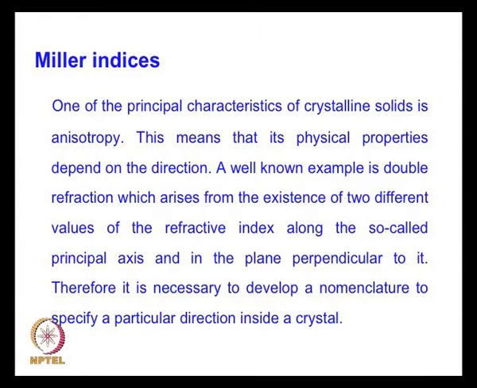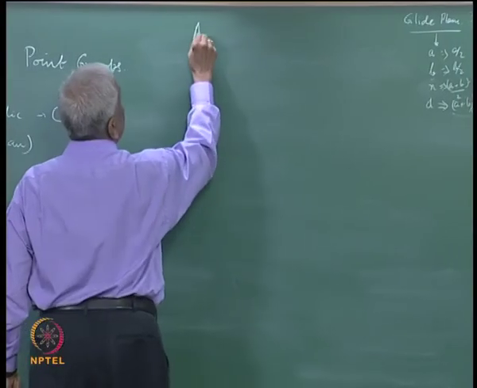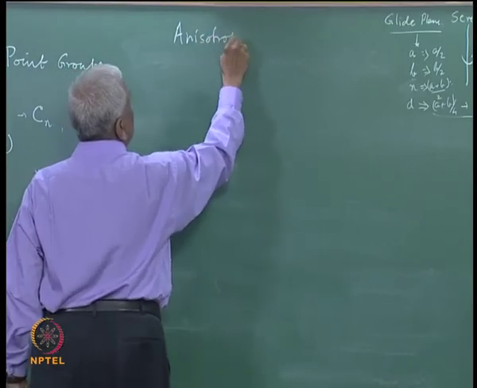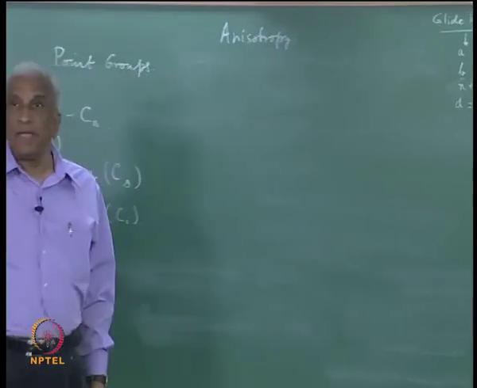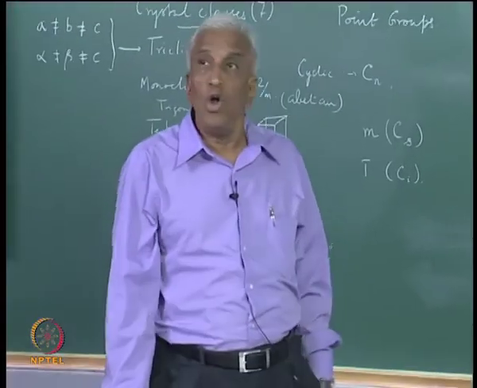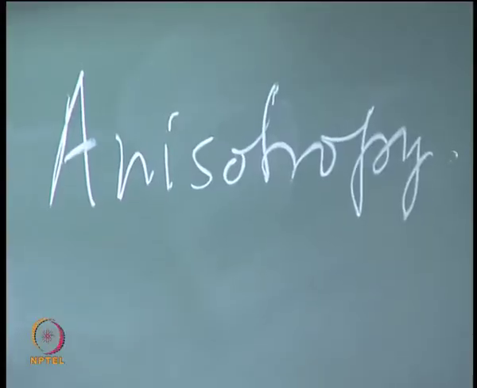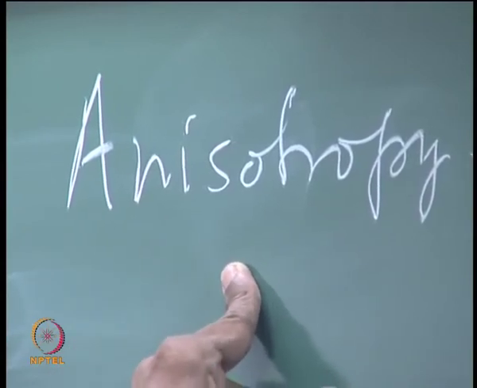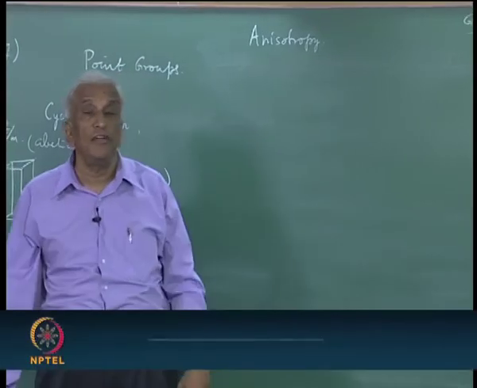Next, we come to another important characteristic of crystalline solid, which is anisotropy. So, we talk about solids are in general anisotropic. Isotropic means it is the same behavior in all directions. Anisotropy means that the properties of the crystalline solid can be different along different directions.